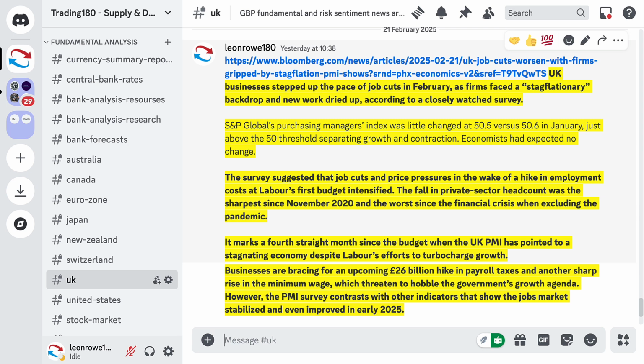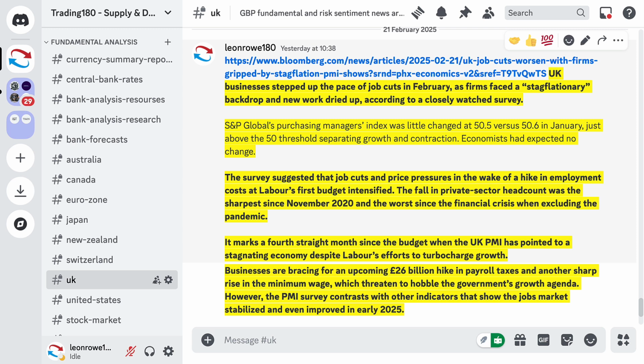The fall of private sector headcount was the sharpest since November 2020 and the worst since the financial crisis when excluding the pandemic. It marks a fourth straight month since the budget when the UK PMI has pointed to a stagnating economy despite Labour's efforts to turbocharge growth.